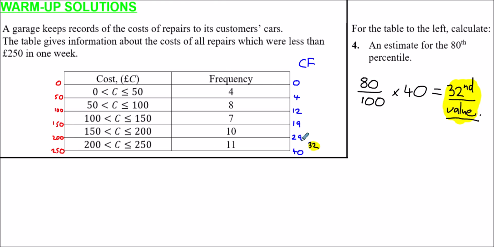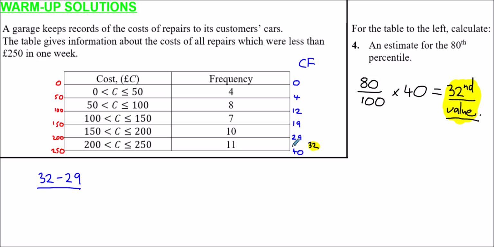So now we think of this in terms of relative fractions. And so think about where 32 is within this class interval from 200 to 250. So 32, take 29, work that out as a fraction of the full class width.